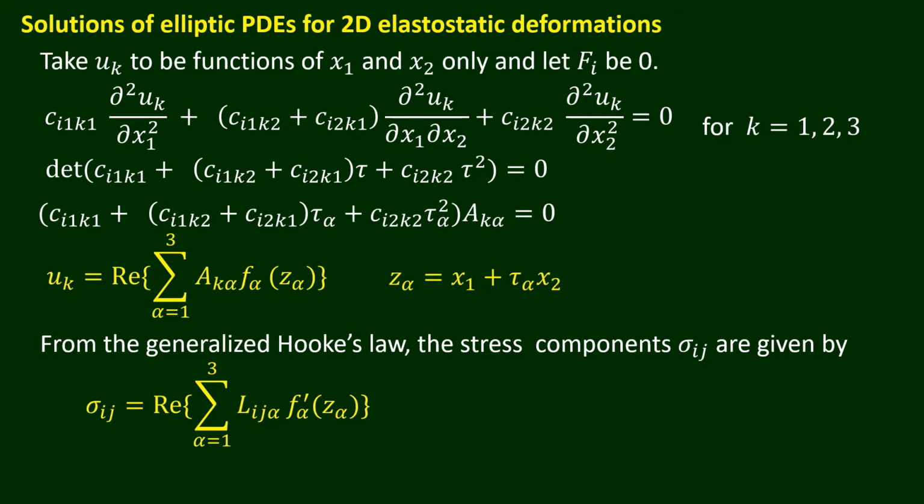The constants Lijα are given by Lijα = (Cijk1 + τα Cijk2) akα. It is easy to show that Li1α = −τα Li2α, a result that we will use later on.